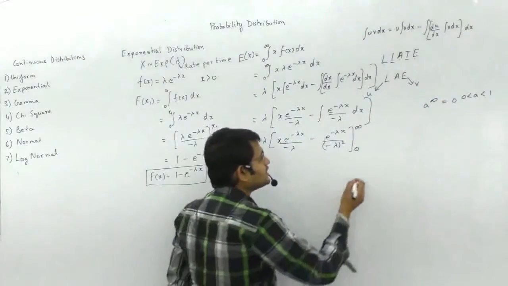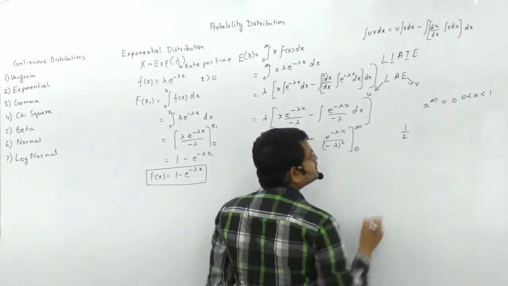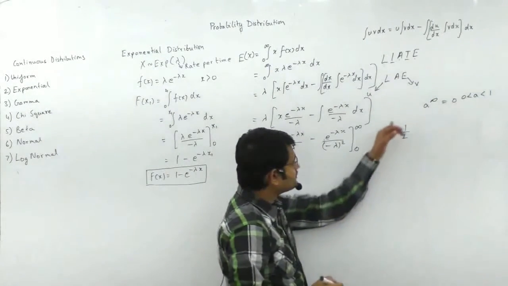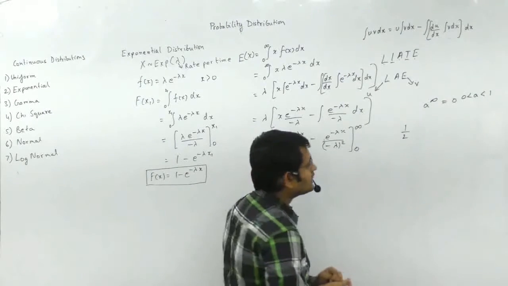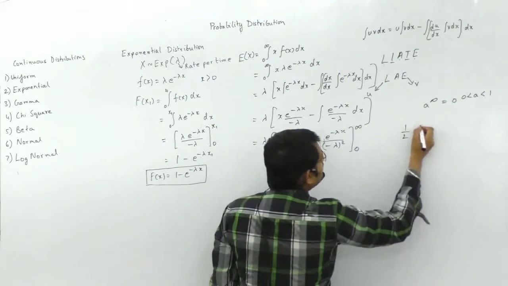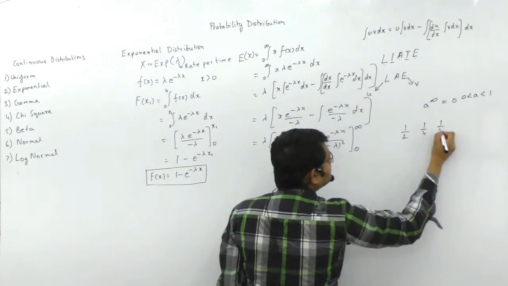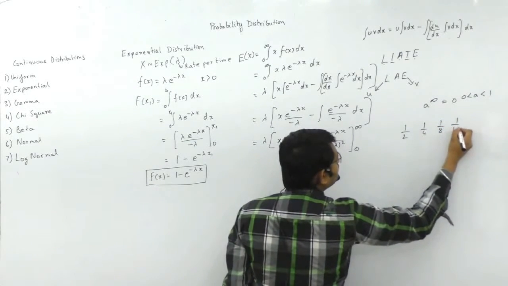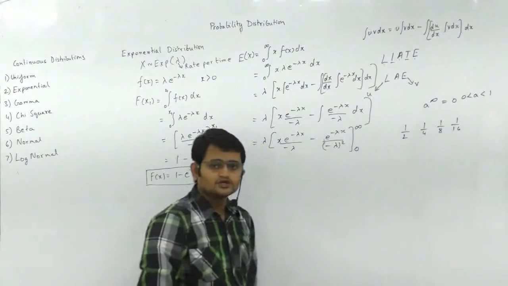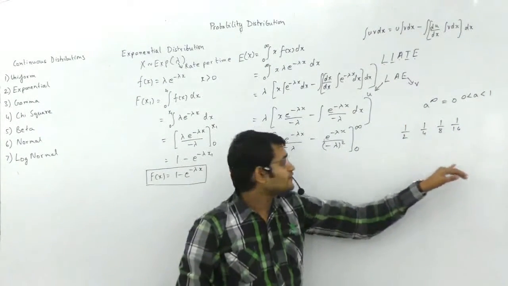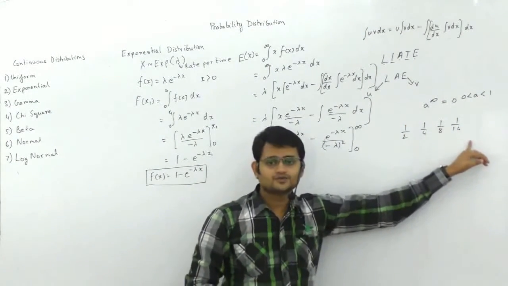Why? Simply, if I take a particular value 1 by 2, a is nothing but 1 by 2. So a square is going to be 1 by 4, a cube is going to be 1 by 8, a raised to 4 is going to be 1 by 16, and so on. So as the power increases, the value becomes smaller and smaller and smaller.